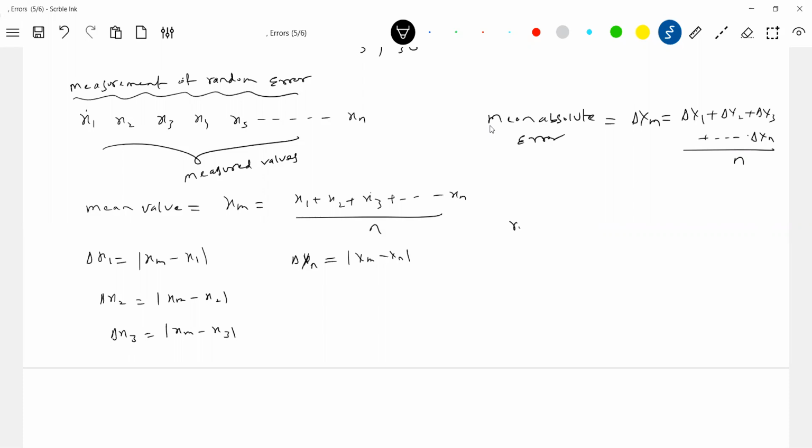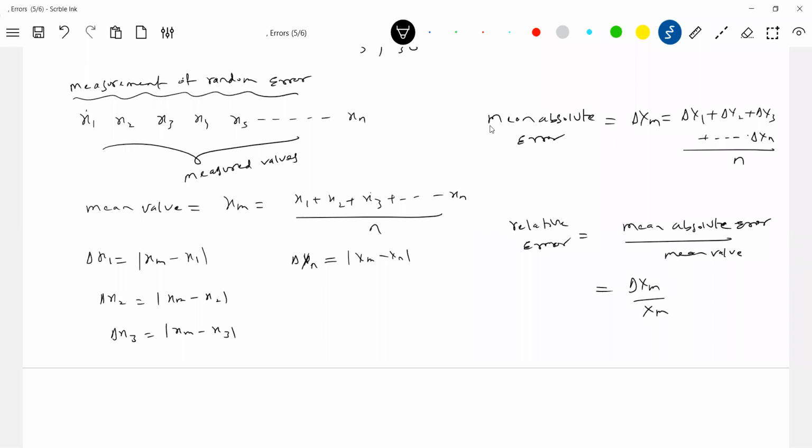Next, relative error. It is the mean absolute error divided by the mean value. There's no symbol actually for relative error.